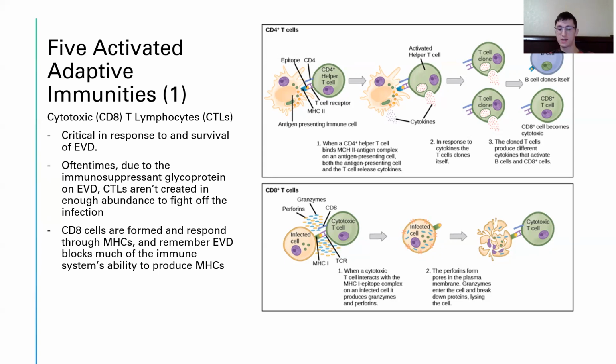The problem with this is that Ebola virus heavily infects dendritic cells and macrophages, like we talked about prior, right? So similar to NK cells, CTL cells produce specific cytotoxic particles that destroy an infected cell and its viral particles.